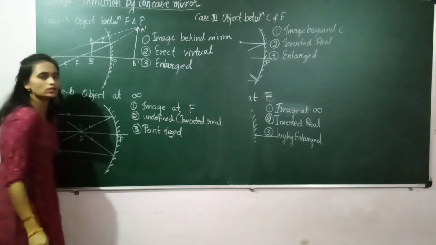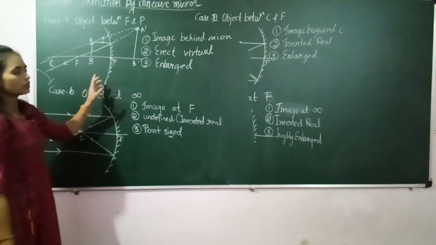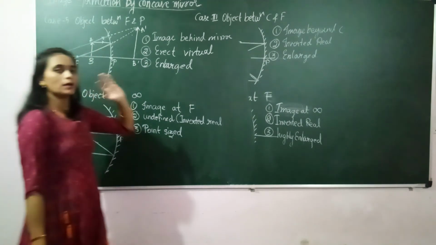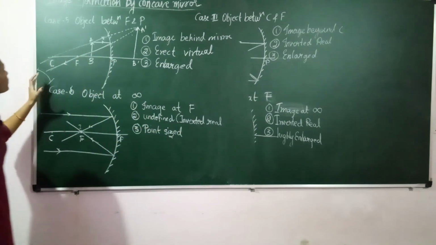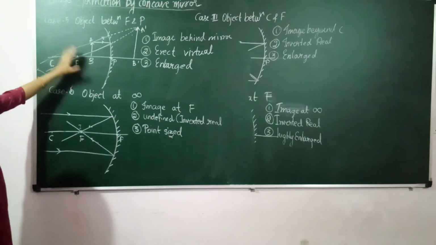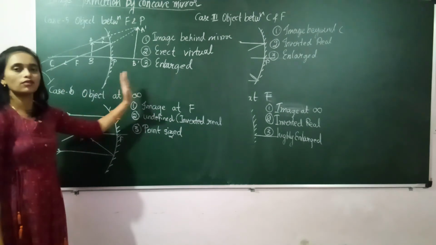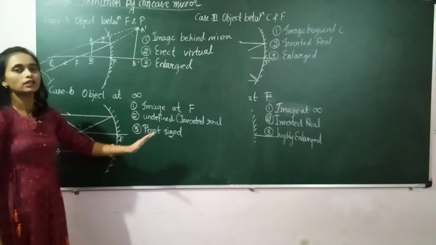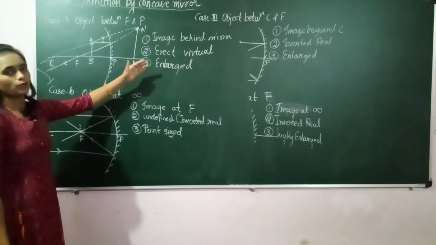So this is about image formation with the concave mirror using the ray diagram. With the help of the ray diagram we are getting the image at different positions. In all these cases we have studied that by placing the object at different positions we get different images, and those images have their own properties.